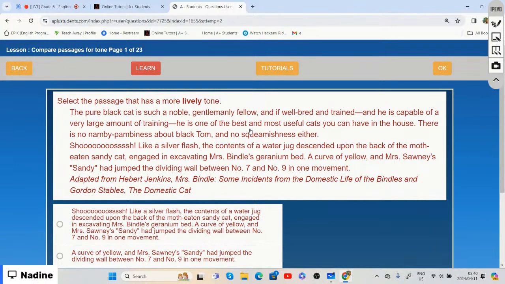Shush, like a silver flash, the contents of a water jug descended upon the back of the moth-eaten sandy cat engaged in excavating Mrs. Bindle's geranium bed. A curved fellow and Mrs. Sawney's, which is Sandy, had jumped the divided wall between number 7 and number 9 in one movement.